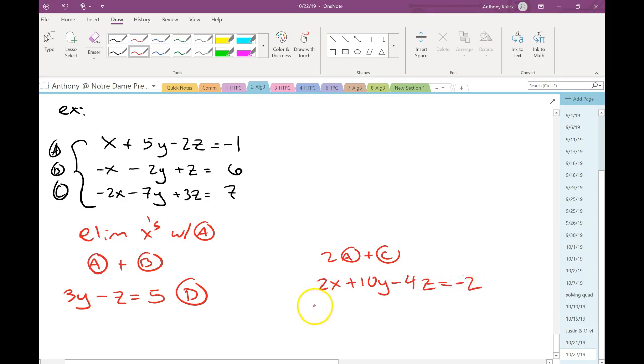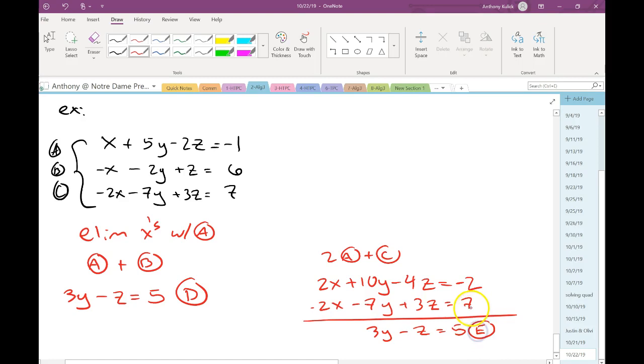The other place where I see students frequently make mistakes here is they forget to multiply the right-hand side of the equation. Yes, that is a 7. Everybody's okay with that first step?